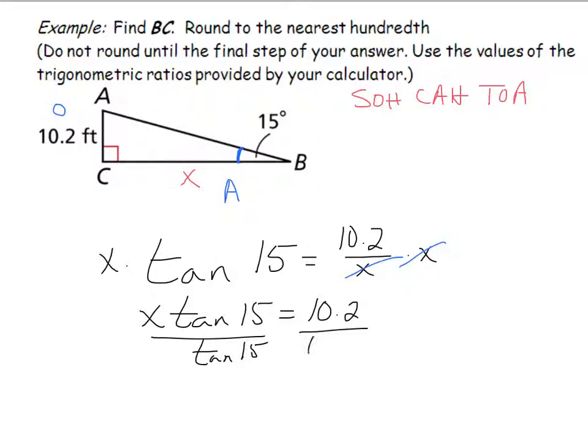In my calculator I type in 10.2, then divided by, then I hit my tan key, and when it opens parentheses, I put 15 in, close my parentheses, and hit enter. When I do that, I get 38.0 something, and it said round to the nearest hundredth. Mine says 38.07, so we're going to do 38.07, and that was in feet.